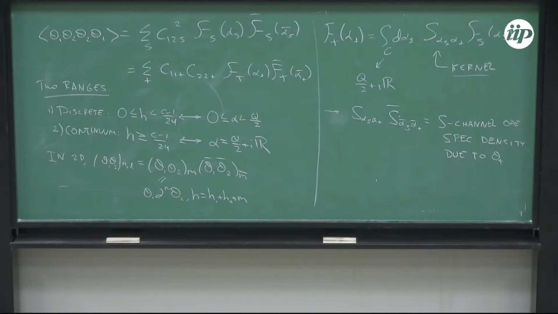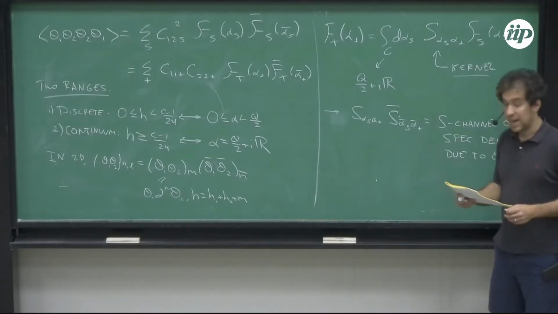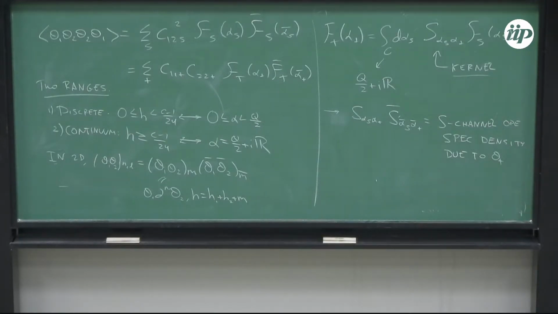So the analytic structure of the kernel, well, it's a pretty complicated function, but for the sake of this discussion, all we need to know is the fact that it's meromorphic and to know where its poles are.